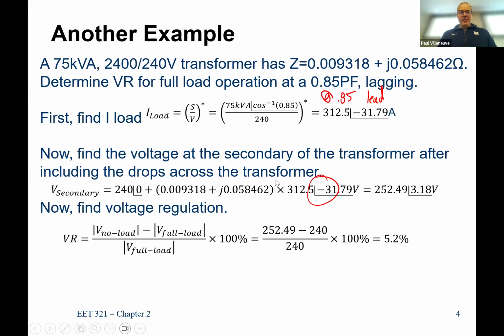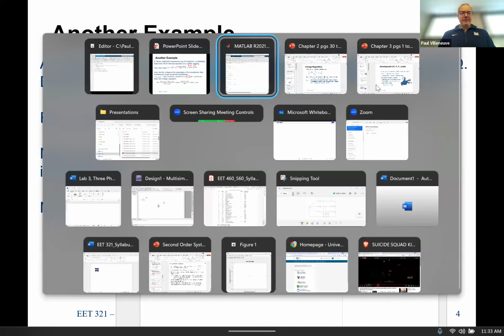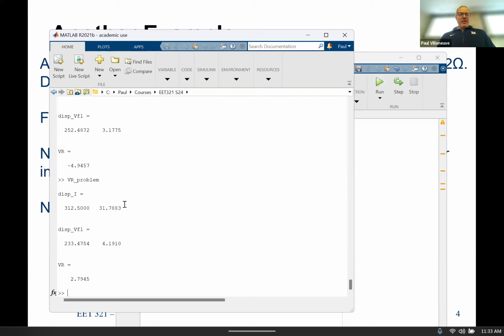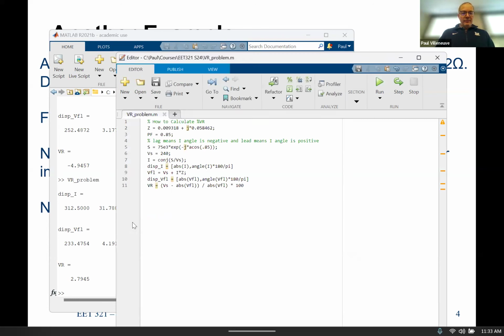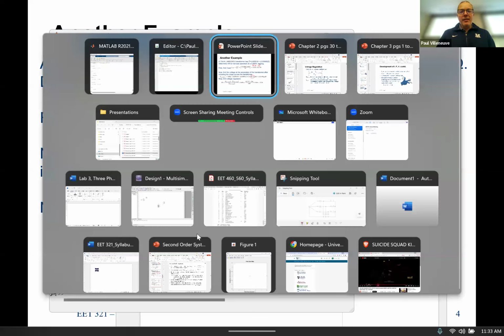Oh, I know why. Because this is a negative number. That should be negative here, because this is S. Right? So this is minus j times that. Try that again. So I got 312.5. I'm not getting a negative number though. Why is it not a negative number?